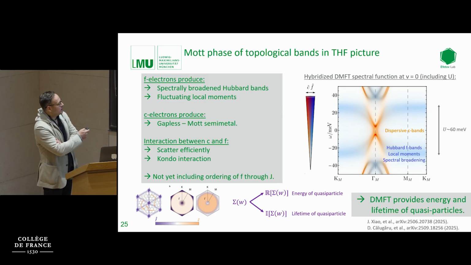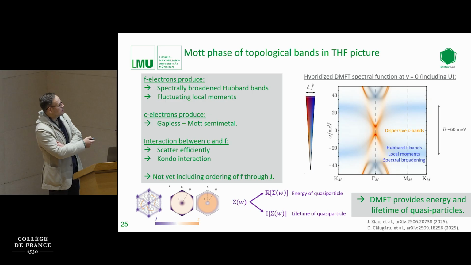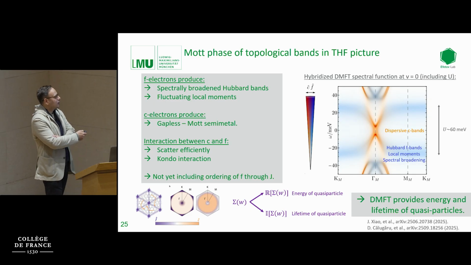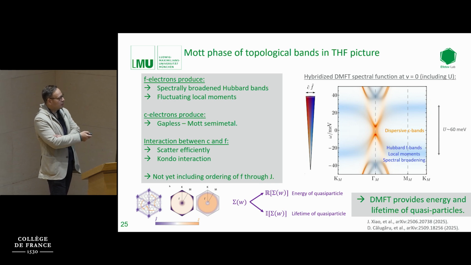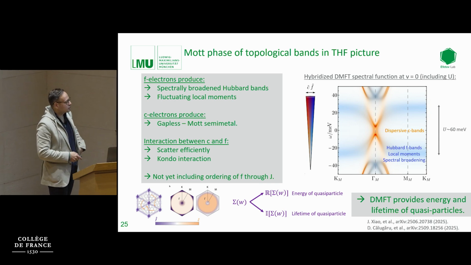Okay, so the take home here is really that we have to think of the transport properties in the presence of this strong background of fluctuating local moments. The typical dispersions that we get are somehow, I would say, Mott semi-metals. They're not Mott insulators, but rather semi-metallic in nature. And then, of course, one has to really think hard about how these C and F electrons can interact.